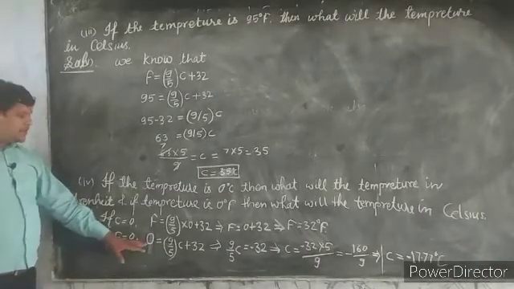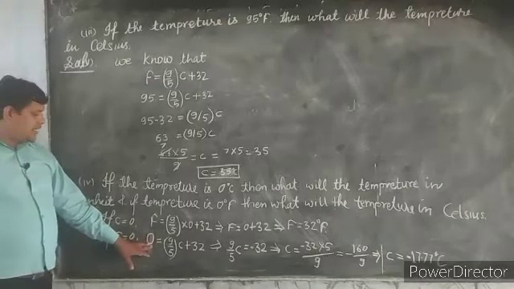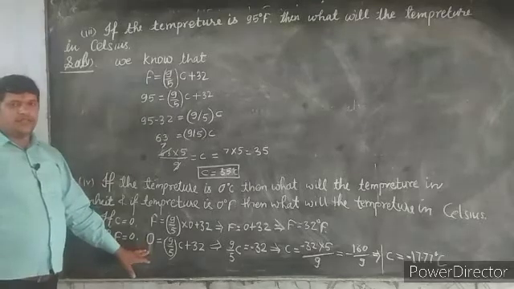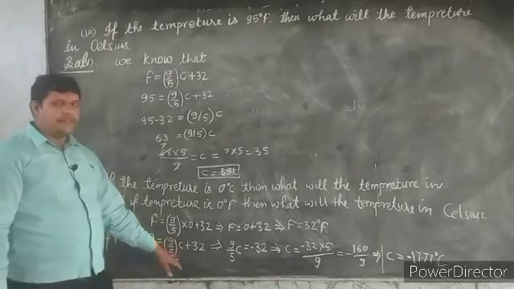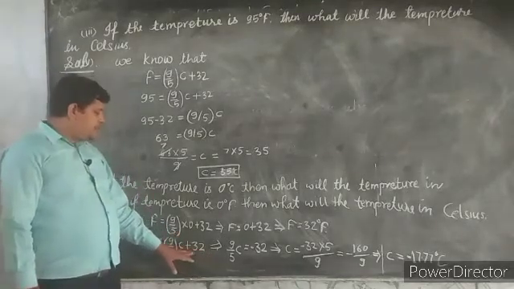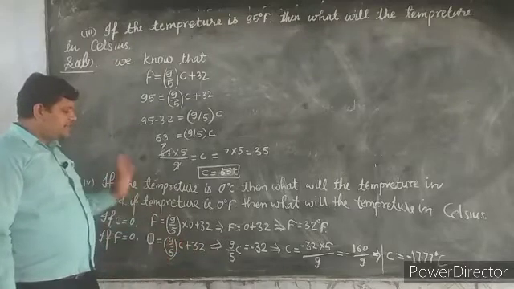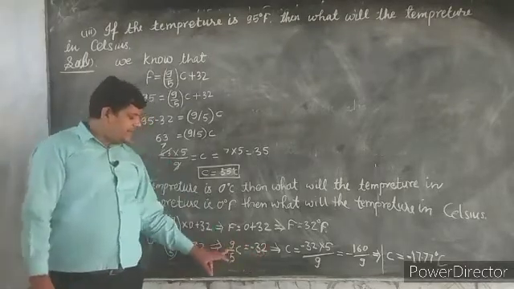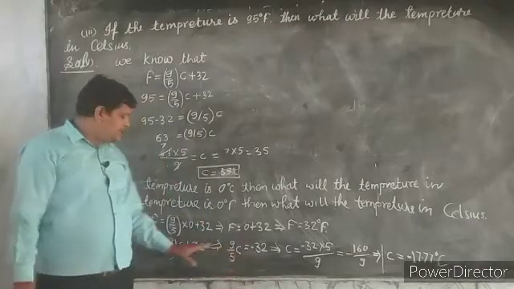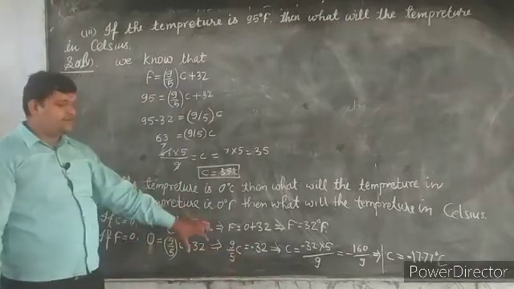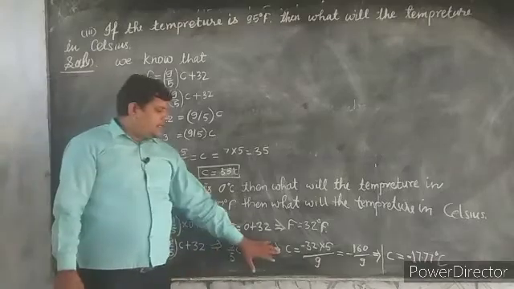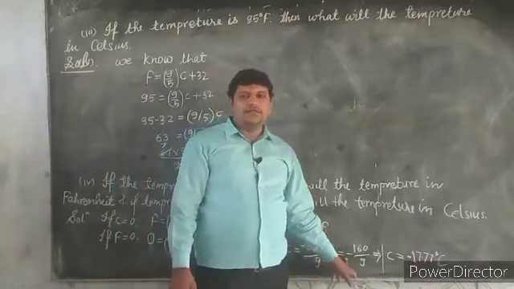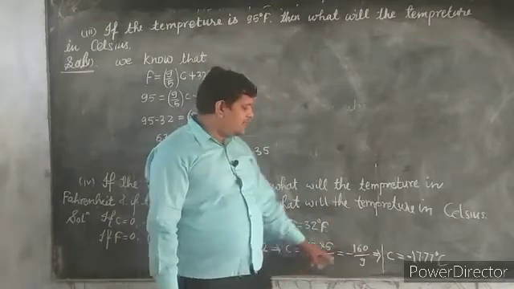And the second part, if F is equal to 0, we will use 0 in place of F. So 0 is equal to 9 by 5 C plus 32. We will convert it: 9 by 5 C is equal to minus 32, because 32 goes to the other side. From here 5 is in division form, it will come in multiply form. So C is equal to minus 32 into 5 upon 9.